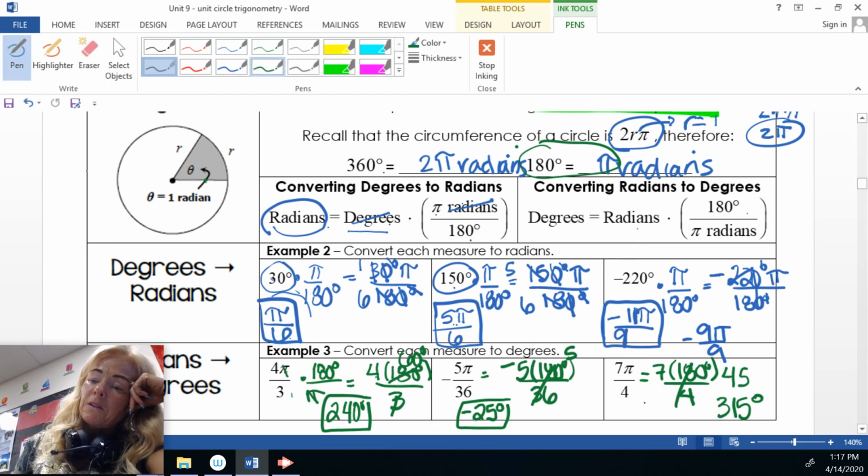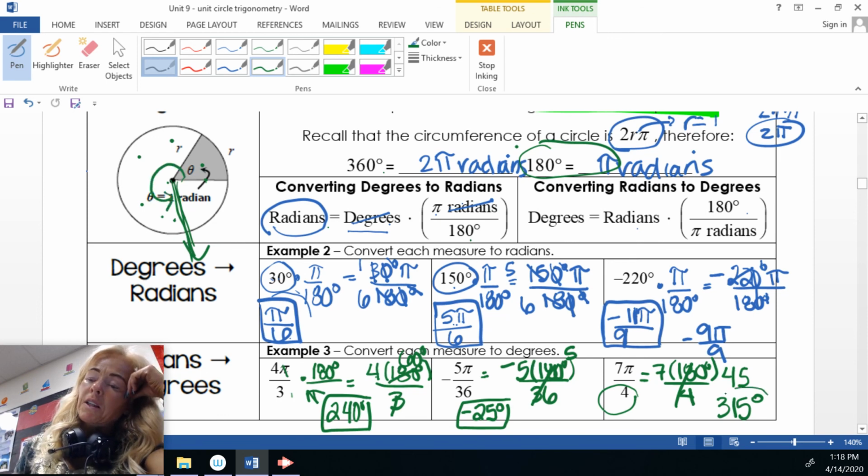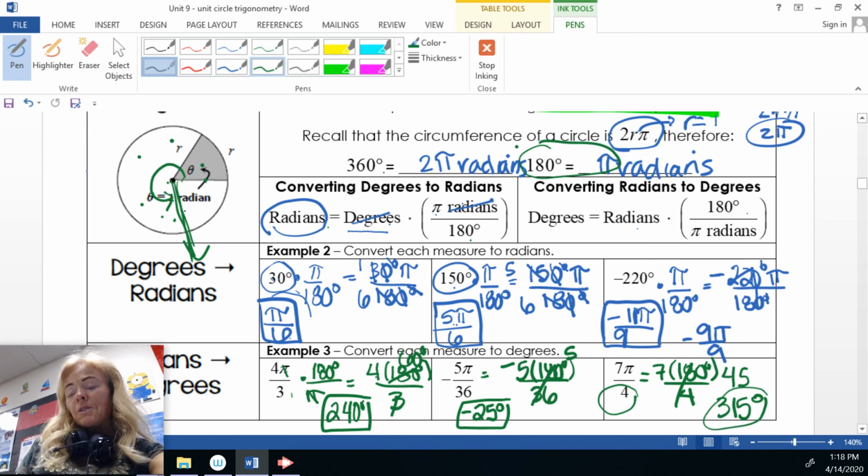So if I break pi into 4 parts, so 1, 2, 3, 4, and then I have to go 3 more to get to 7, 5, 6, 7, it's just about right there. 7 pi over 4, then that's traversing that amount of space, which is 315 degrees, that's about right. So 315 degrees has the same terminal end as 7 pi over 4.